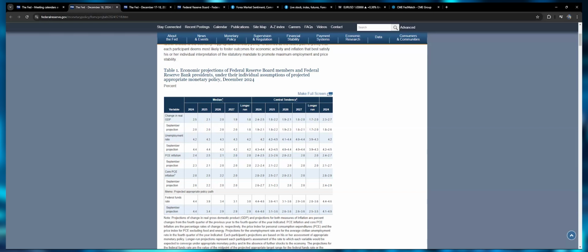Quantitative tightening when they are tightening, and quantitative easing when they are easing. It's basically a combination of rate adjustment and balance sheet reduction, reflecting the Fed's goals to bring inflation down, maximize employment, and minimize unemployment.